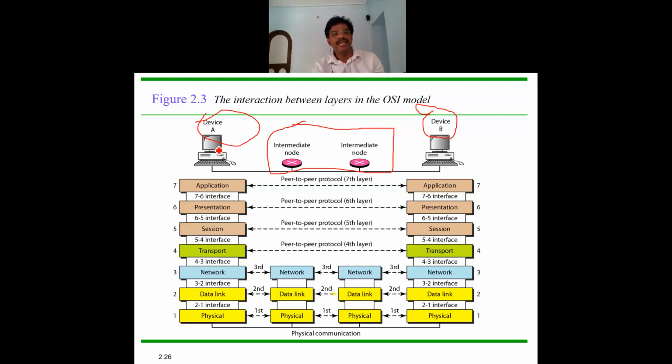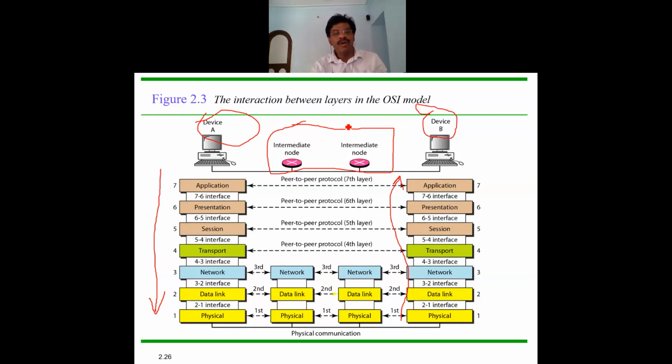So the data packets will hop from device A to the first intermediate node, then from that node to the second intermediate node, and on to the n intermediate nodes that are in between device A and B, and then finally the hop will be from the last intermediate node to the device B. Virtually, the peer-to-peer protocol at every layer will function on its own, but the hierarchy that will be followed will be from application layer to the physical layer at the sender end, and from physical layer to the application layer at the receiving end.